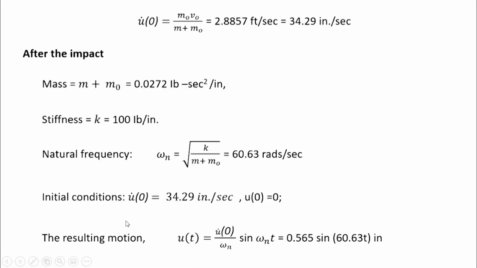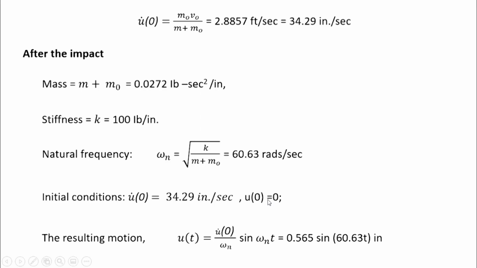Using these two initial conditions, we can calculate the resultant motion of the wooden block, that is u(t) equals u naught dot divided by omega n, sine omega n t. We know that for this free vibration, the response is of the form a cos omega n t plus b sine omega n t. If we use the initial conditions, we can find out a and b, and a is equal to the initial displacement.